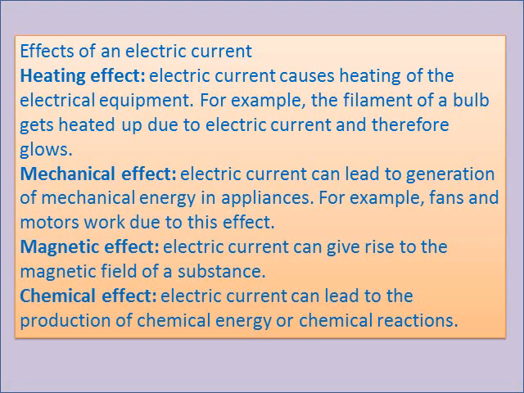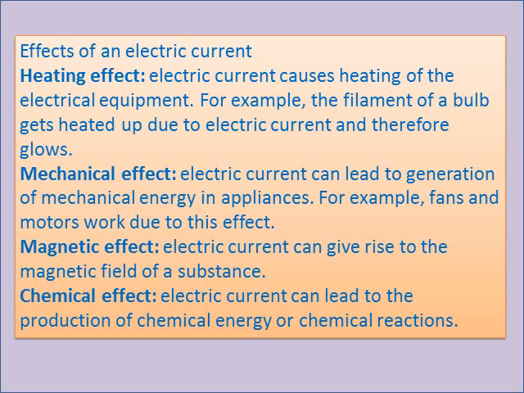Children, now we will pass on to the various effects of an electric current. The various effects of electric current can be classified into four: heating effect, mechanical effect, magnetic effect, and chemical effect. So let us see what each is, one by one. Heating effect. Electric current causes heating of electric equipment.